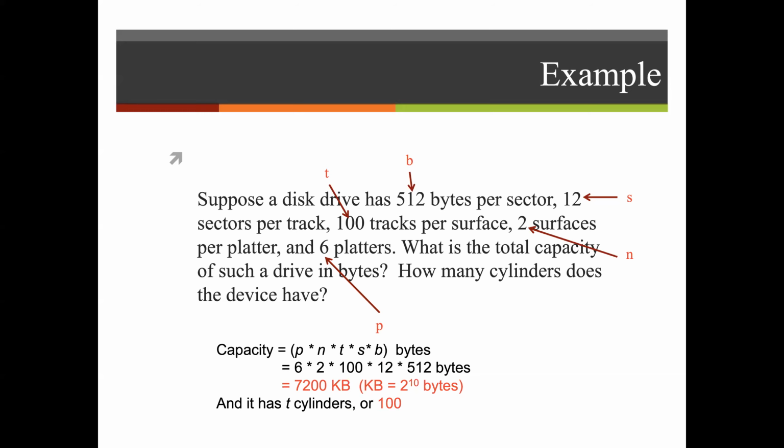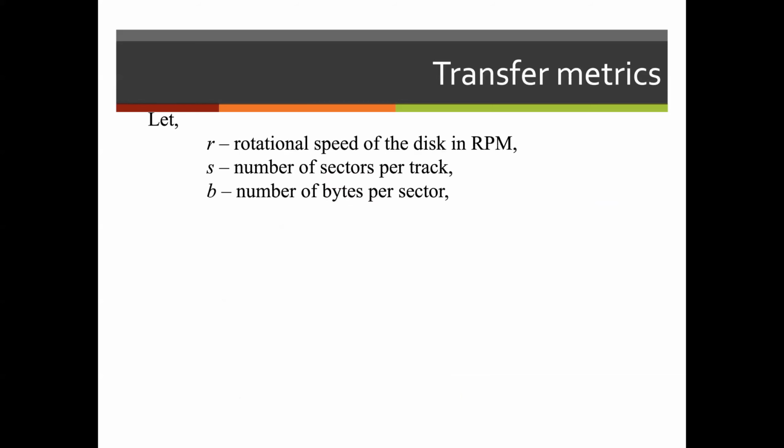So if we want to consider some additional transfer metrics, we have R for our rotational speed. We have S, which is going to be, again, the number of sectors per track, and B to be the number of bytes per sector.